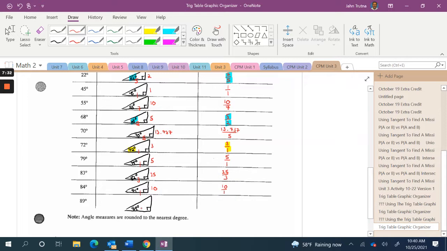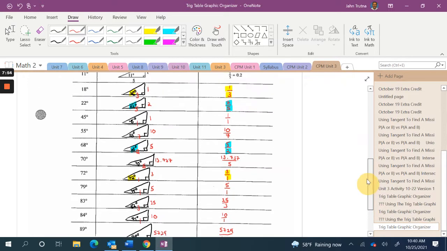And the last one, when you have an 89-degree slope angle, this one's ugly, you get 5,729 for delta y, and you get 100 for delta x, which makes your slope 5,729 over 100.